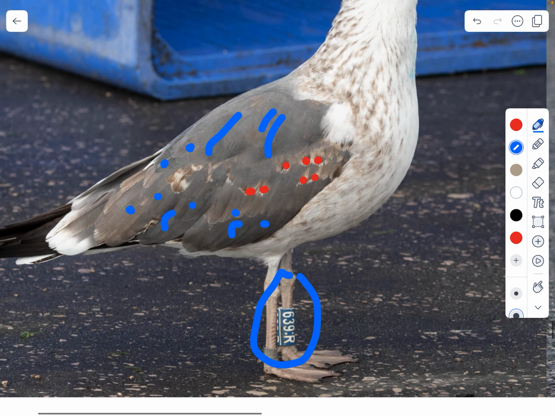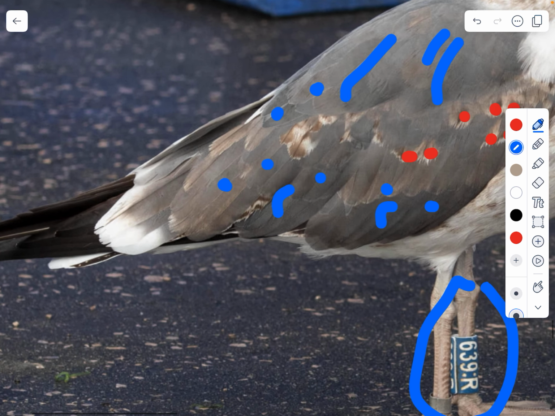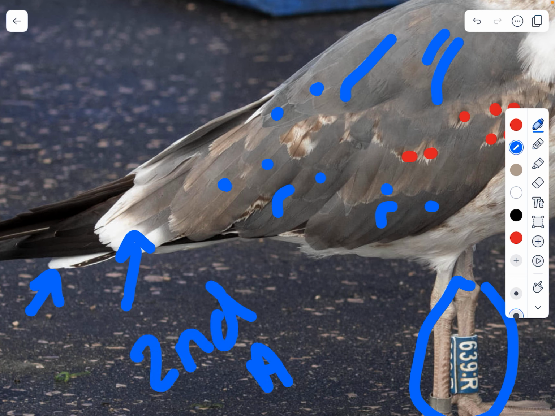And what will happen in a lot of these lesser blackback gulls is they'll replace some tertials. They'll take on an adult appearance with white tips. They might even replace some tail feathers, but we suspect these are second alternate.